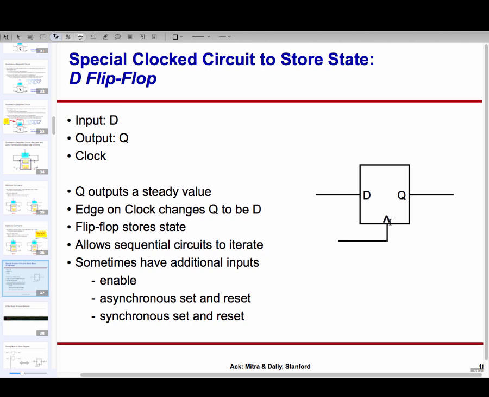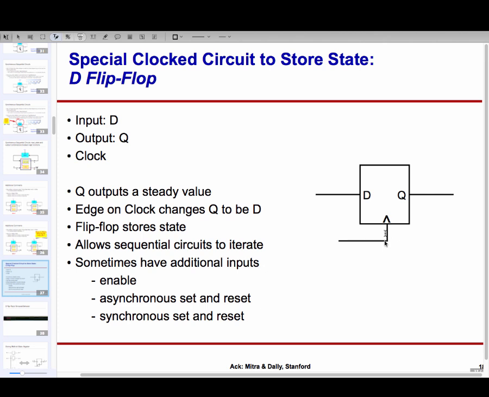And the idea is that inside it is some storage. Every time the clock ticks, and by that I mean we designate one of the edges to be the tick, so we say when the clock goes from 0 to 1, or maybe the other way around, 1 to 0. If it is 1 to 0, you will see a bubble out here. It's inverted.